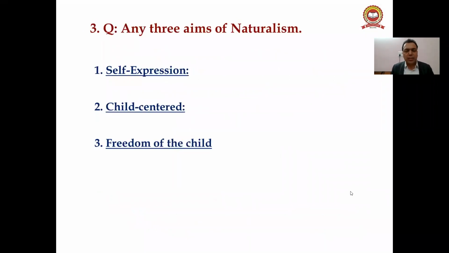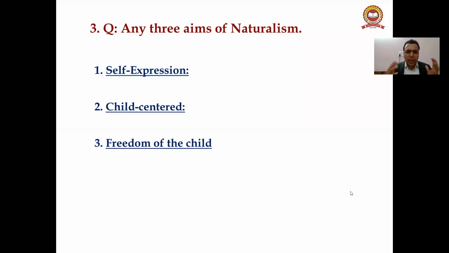And what are the three aims of naturalism? Three aims of naturalism are self-expression, child-centered, and freedom of the child. Naturalism emphasizes that education should be such that there should be self-expression in the student, right? And education should cater to the needs and interests of the student.